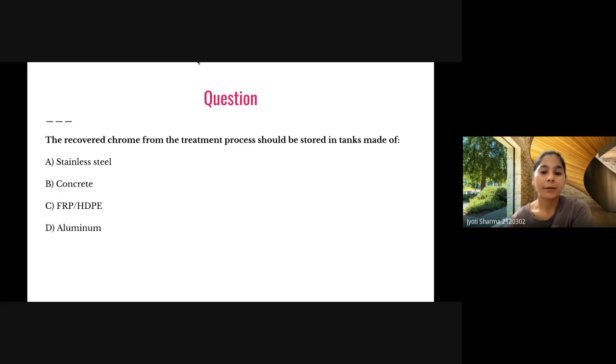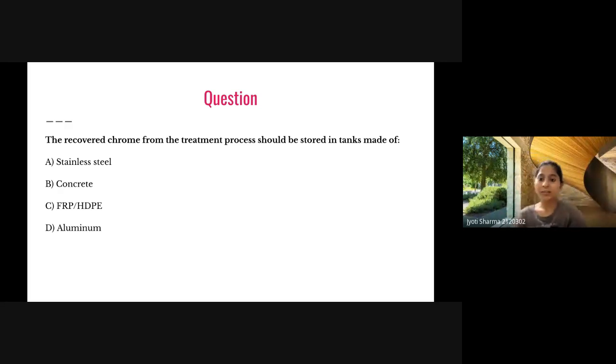Okay. Now the recovered chrome, because we need some chrome, right, that we have already recovered from the wastewater using some processes, we have to store in a tank that is made up of what? Stainless steel, concrete, FRP, HDPE, aluminium.